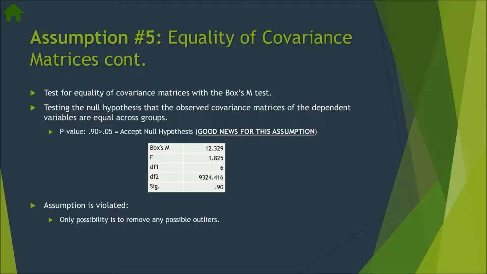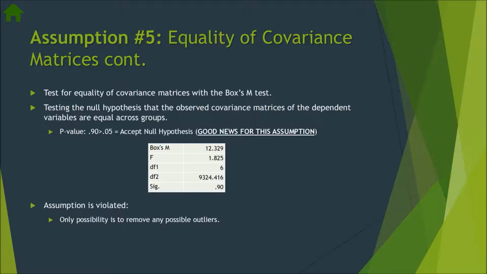Now, as I mentioned earlier, it's very important that the variation between group sizes satisfy the rule that we discussed earlier. And when that rule is not satisfied, it becomes difficult to satisfy this assumption. By that I mean it's easier for us to reject the null hypothesis, which is bad news for this assumption.